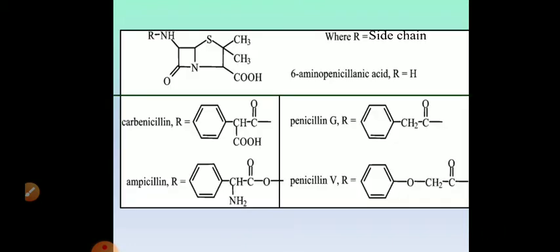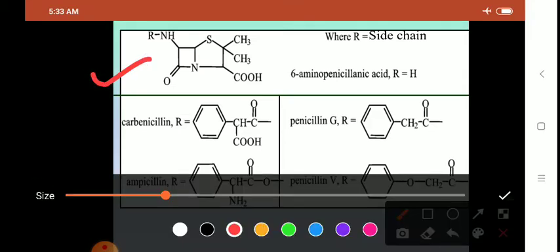In this diagram, first there is the basic molecule, 6-amino penicillanic acid, where R is H, and R is the side chain. This molecule is given chemical treatment and various precursors are added to produce new semisynthetic penicillin.